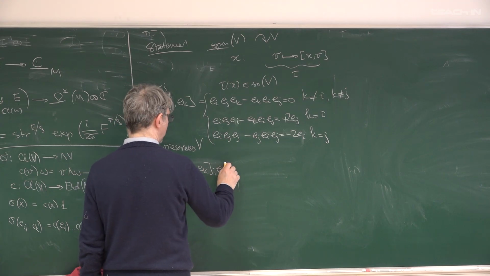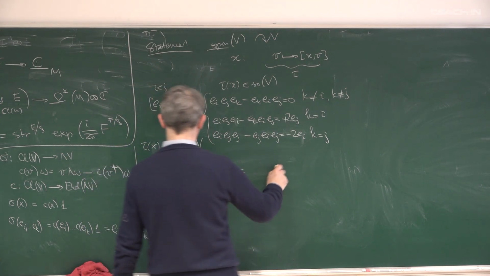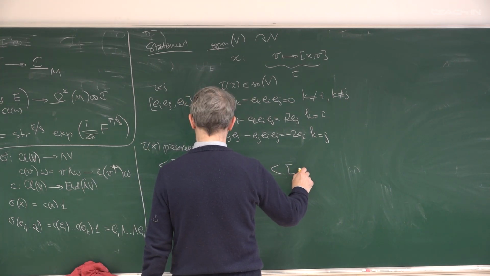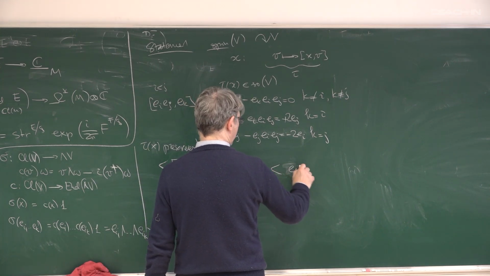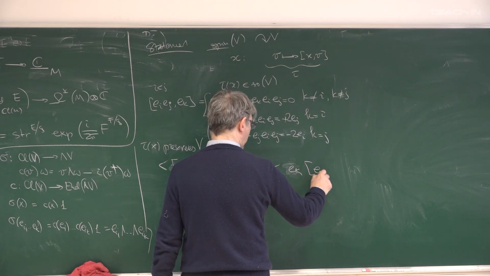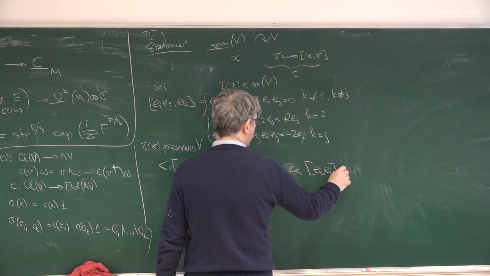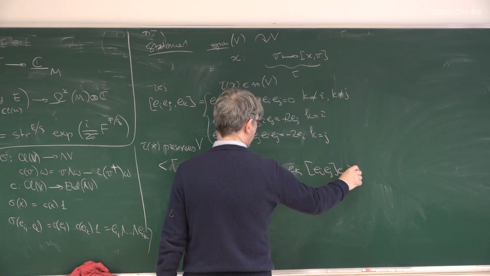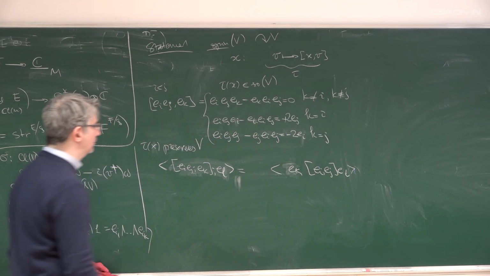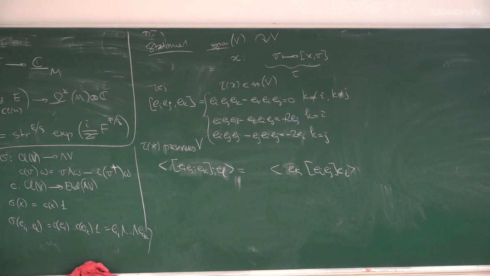M is occupied. And then check what happens if we take e_k here and then the commutator e_i e_j, e_l here. Tell me, please, what you can say about these expressions.